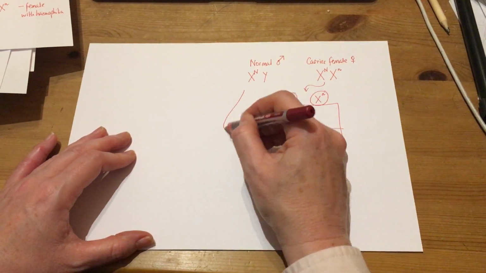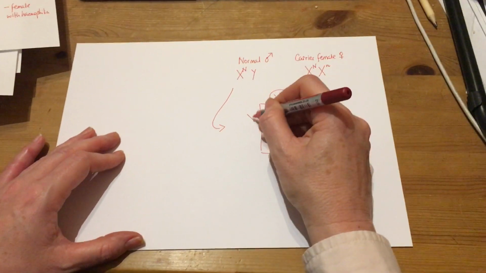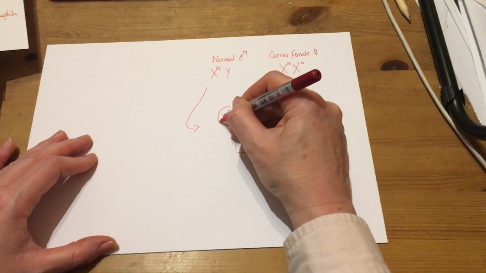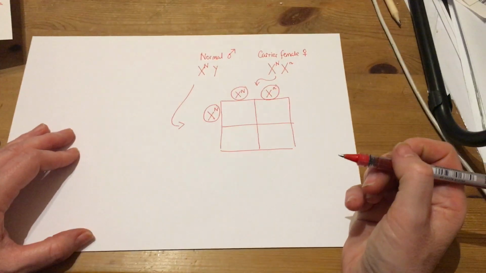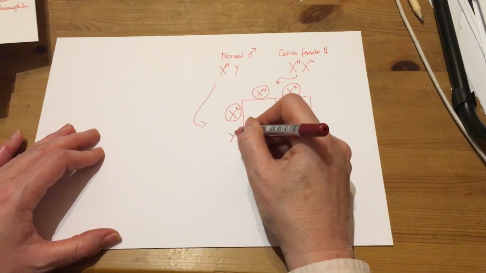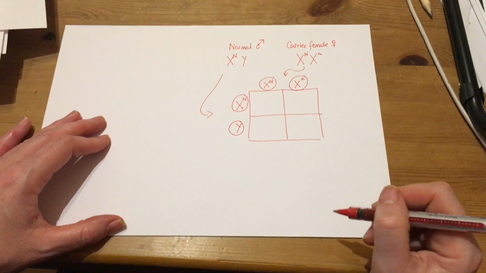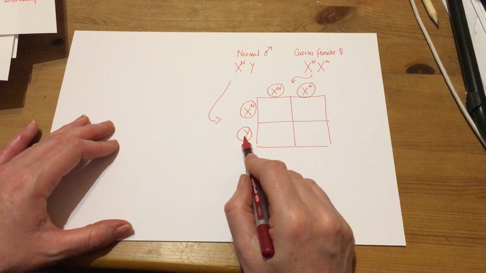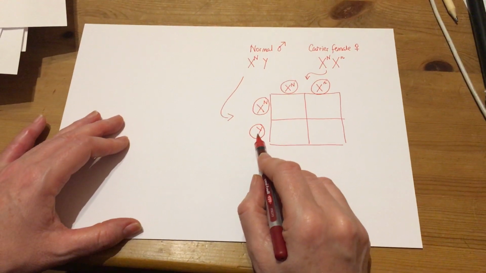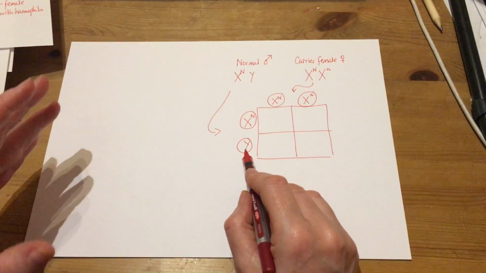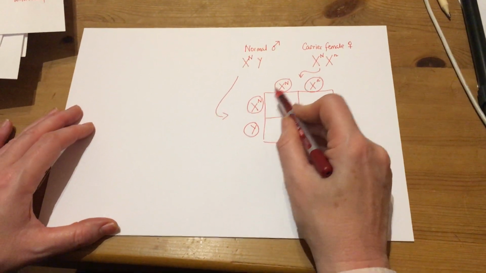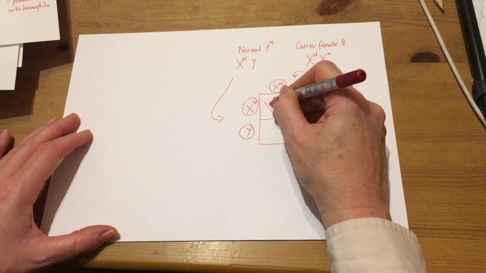For male gametes on this side, half of them will be sperm with X chromosomes in them. Half of them will be sperm with Y chromosomes. The Y chromosome does not have a hemophilia allele, normal or otherwise. It's too short.